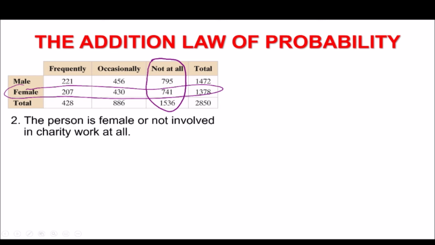Then we can say that the two events are not mutually exclusive. So A, the person is female, then B, the person is not involved in charity. Since the two events can happen at the same time, therefore, the two events are not mutually exclusive.